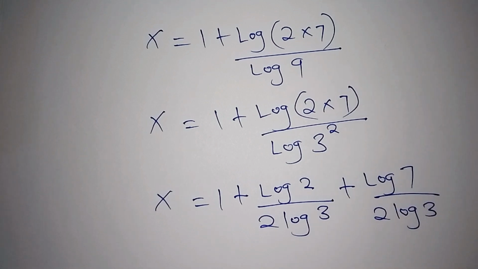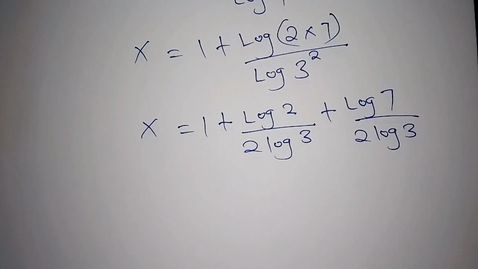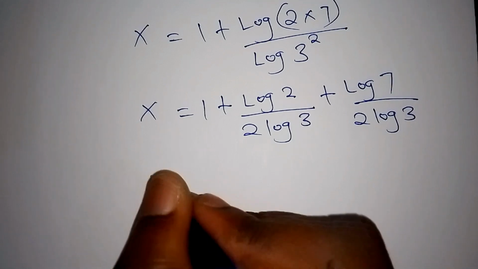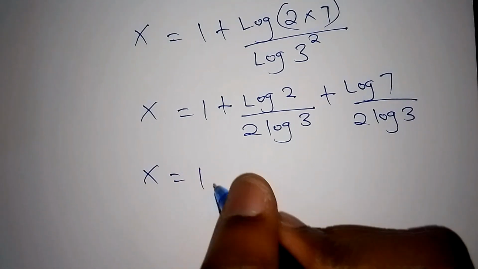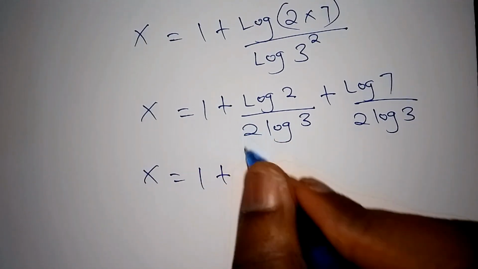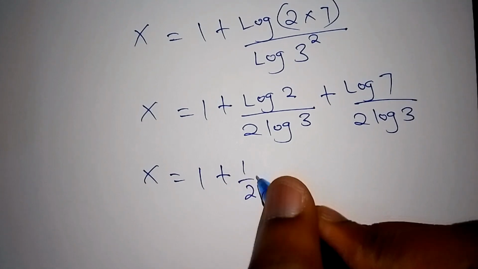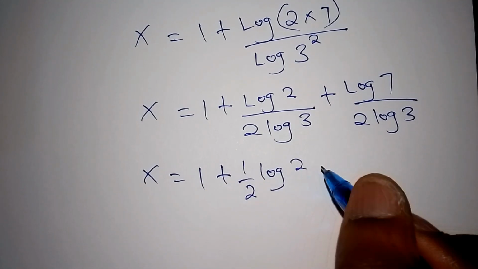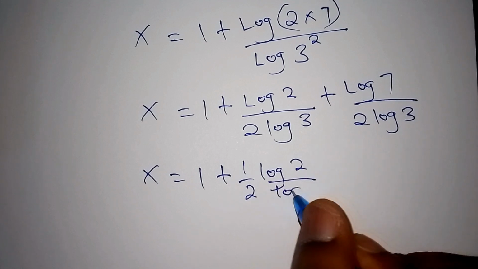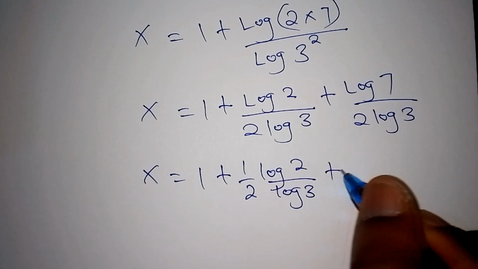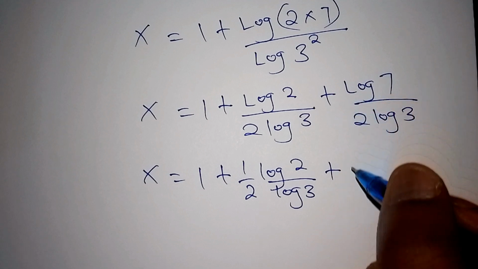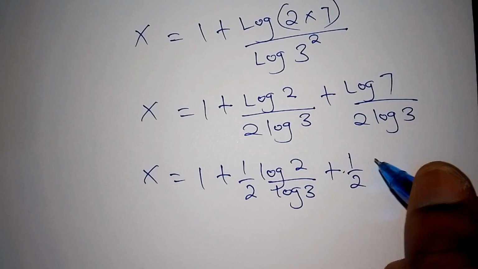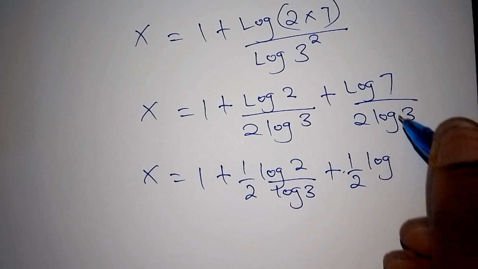Let's proceed. Now x is equal to 1 plus a half log 2 all over log 3, then plus a half log 7 all over log 3.